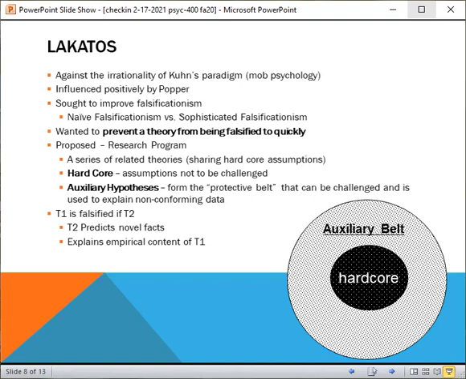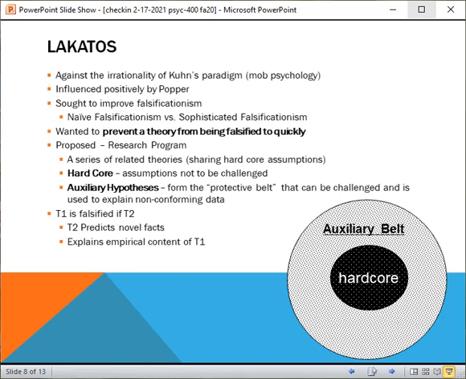So what the opponents believed is that falsificationism either was not the way to go, or it's not the way it's done, or it should at least be improved upon. And that's where Lakatos pops up. He sought to improve falsificationism. He saw the way Popper did it as a naive falsificationism, and he wanted to develop a more sophisticated version.